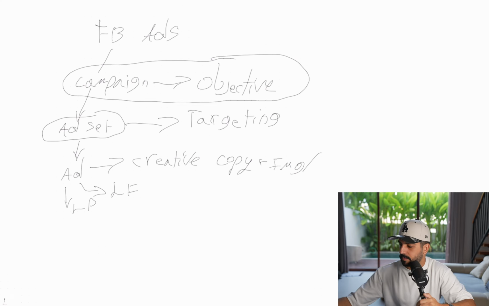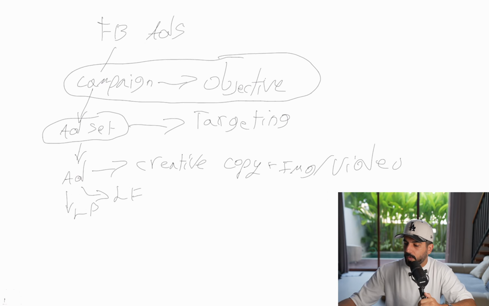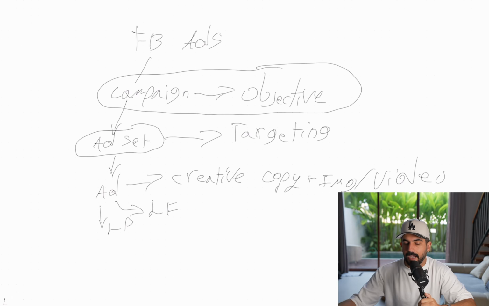Freaking hate this tablet thing. I'm not really good at it, but in any case, our video, right? So this is basically the structure. So in the ad set, in my guide, I'm saying, hey, in the ad set, what you need to pick is one of your avatars.